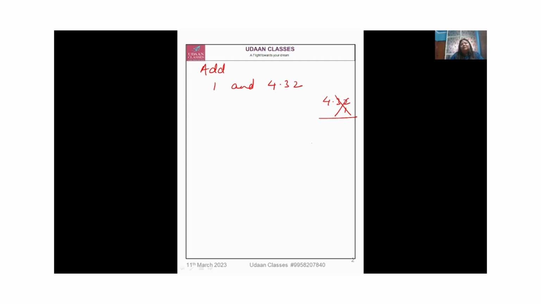So to avoid such things, first, are they like? No, I don't have any decimal digit in 1, but I have two decimal digits in 4.32. So first we will add 00 to make the decimal digits equal in number. Now both of them have two decimal digits, so they are like, and you can simply add them by placing them one below the other. My answer becomes 5.32.